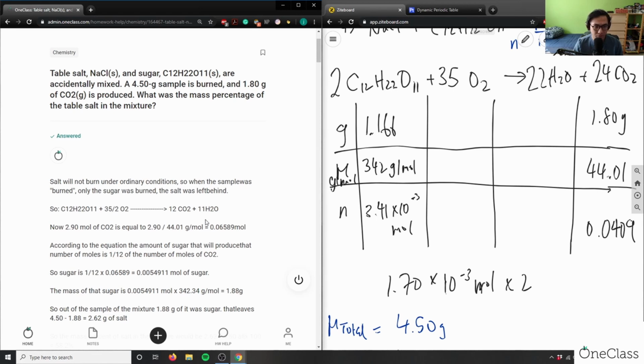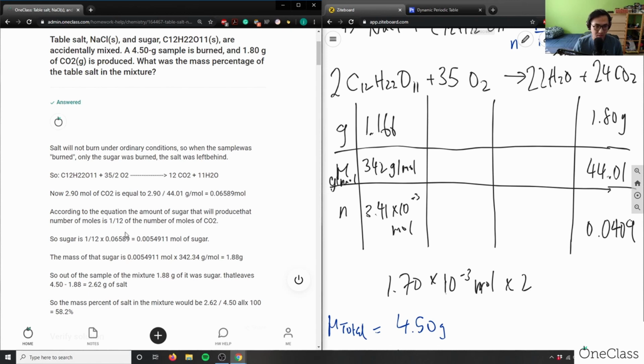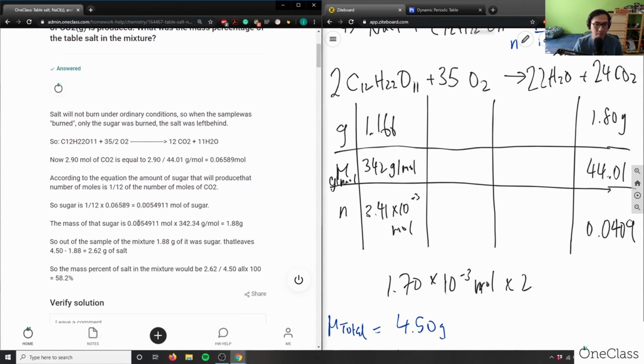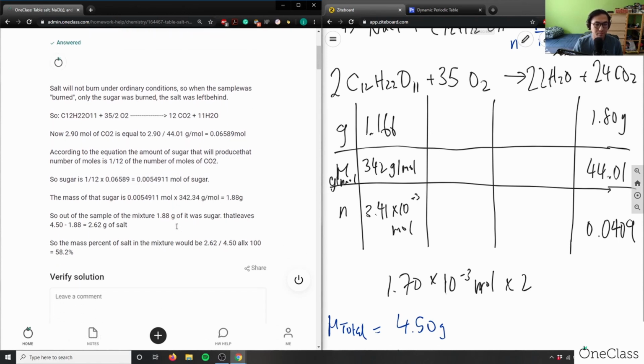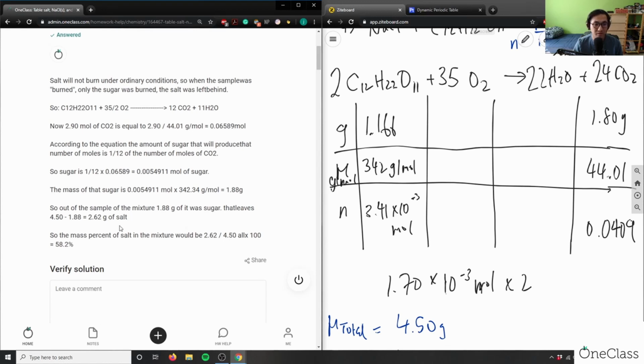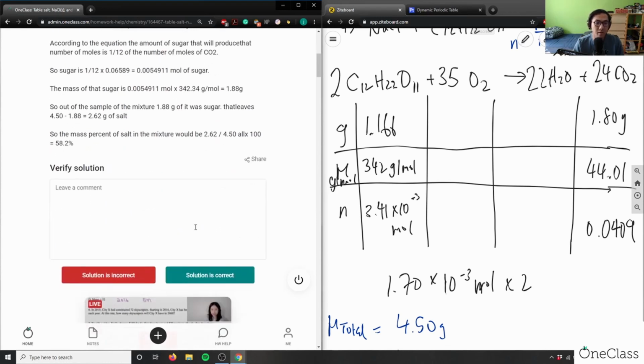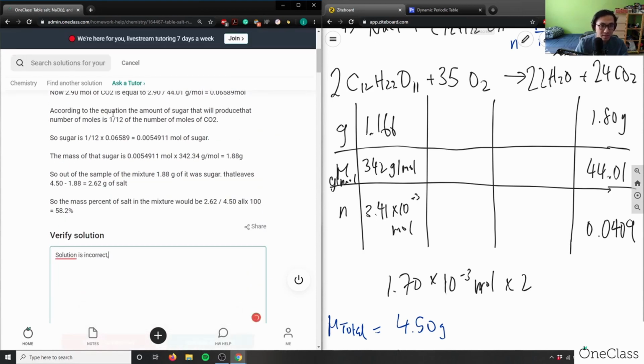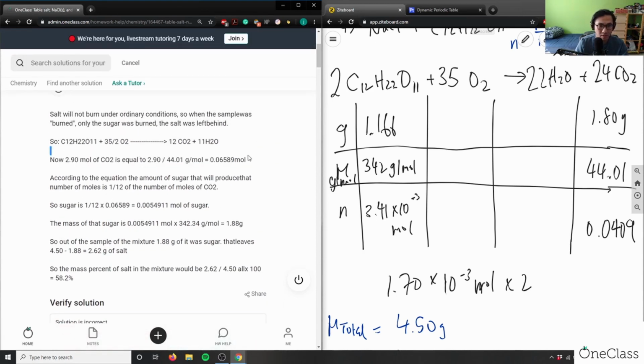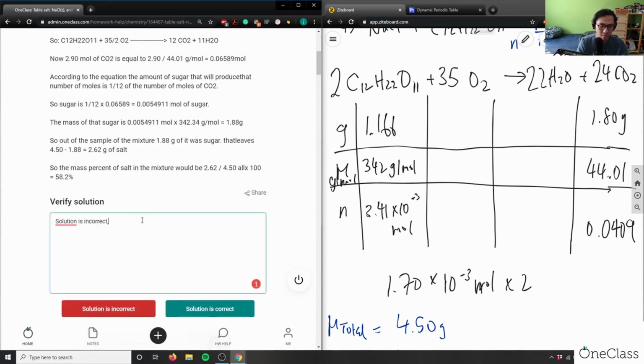According to the equation, the amount of sugar we'll produce is 1/12. That's fine. So they did this math perfectly, and they multiplied to get grams, subtracted it, and divided the 2.62 by the total amount, right? So this solution is actually incorrect because of that first problem.